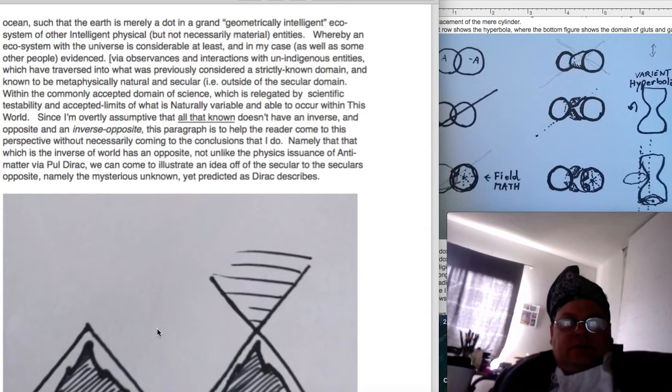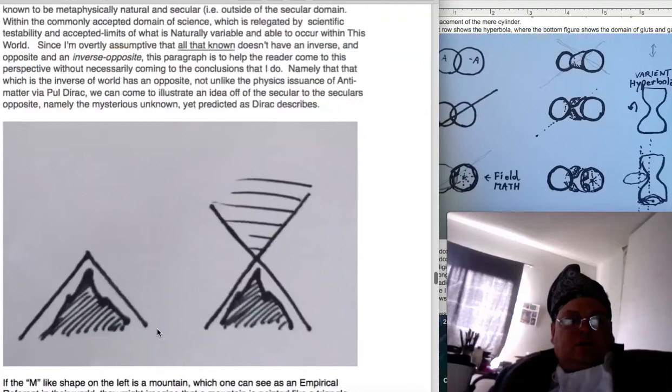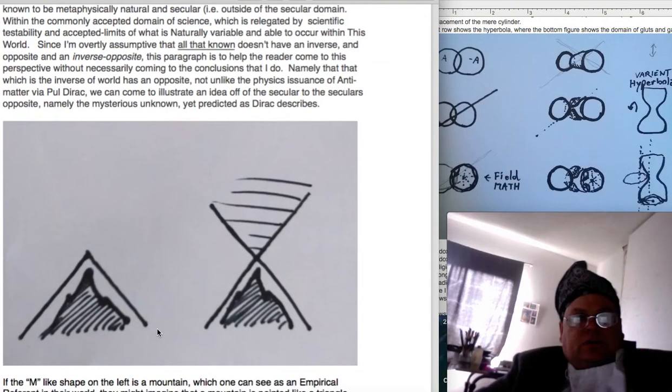Within the commonly accepted domain of science, which is relegated by scientific testability and accepted limits of what is naturally variable and able to occur within this world, I am overtly assumptive that all that is known doesn't have an inverse and opposite, and an inverse opposite. This paragraph is to help the reader come to the perspective without necessarily coming to the conclusions that I do.